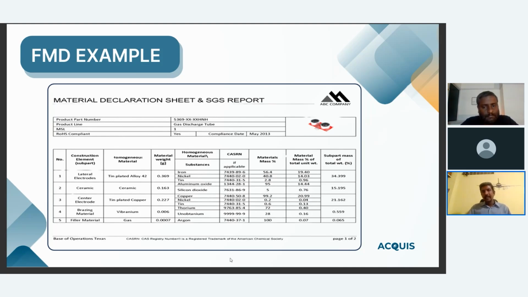CAS number is a unique identification number for each of these chemicals. CAS is the Chemical Abstracts Service, which is maintained by the American Chemical Society, and it is a unique identification given to each substance.